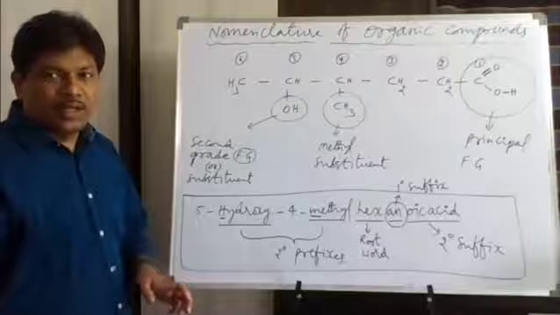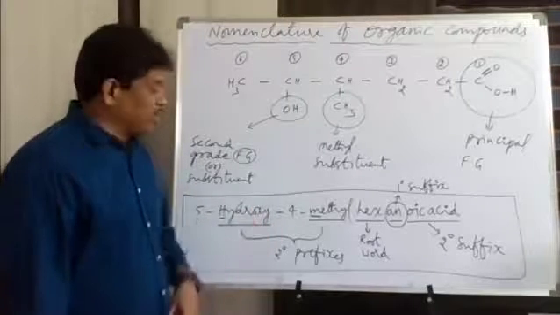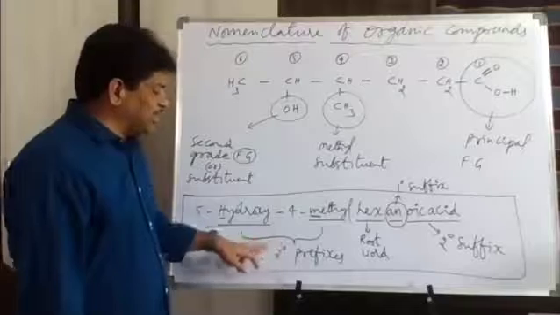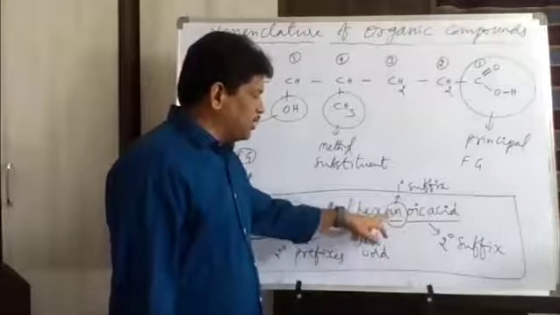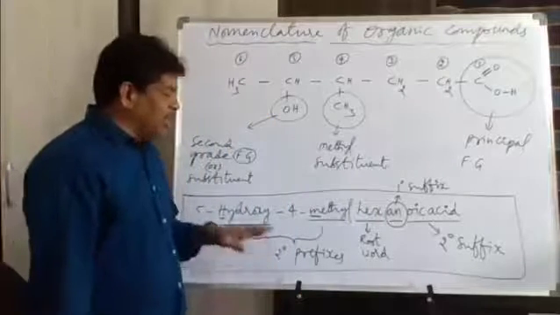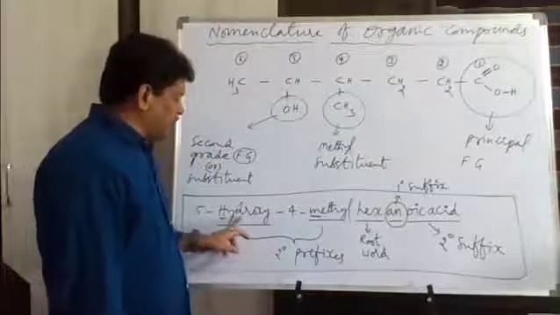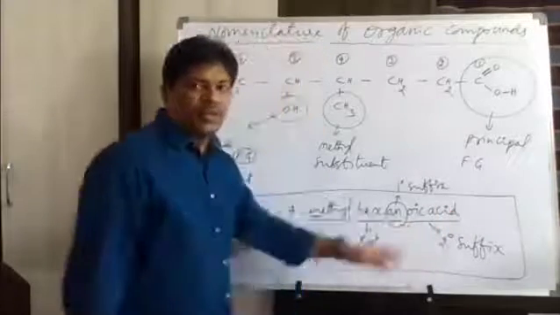While writing the IUPAC name, we have to understand that there will be different parts of the IUPAC name. Here the secondary prefix, word root, 1 degree primary suffix and secondary suffix. Any name will start from what? Secondary prefix and end with secondary suffix. Up to that you keep in mind.